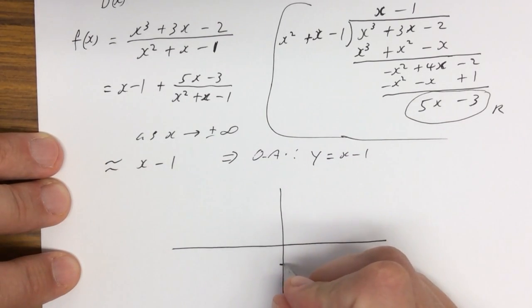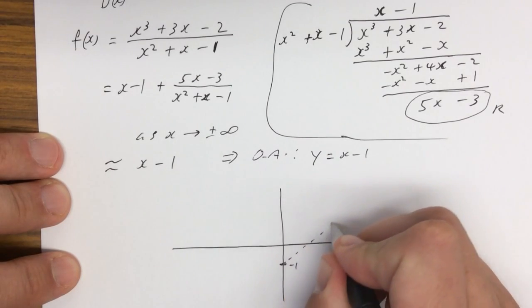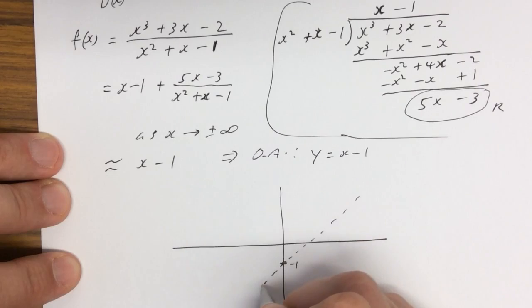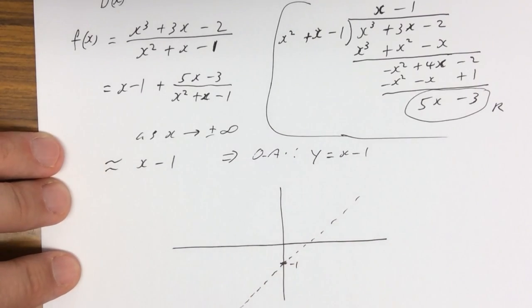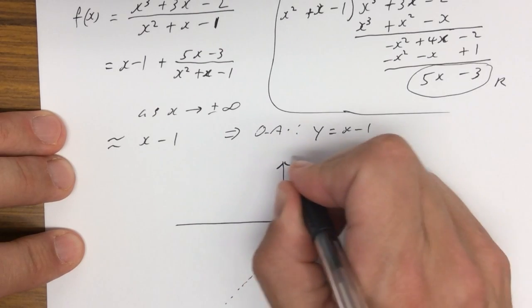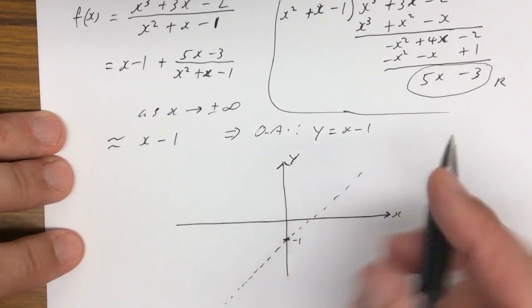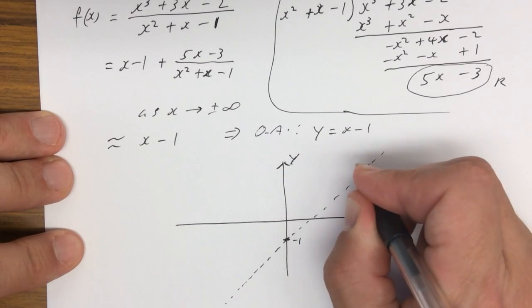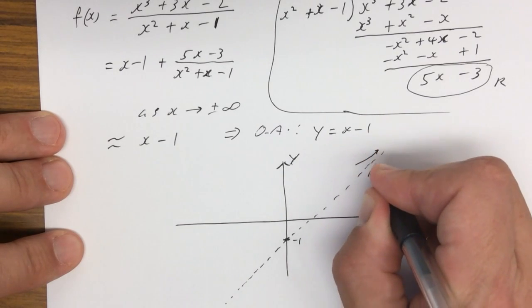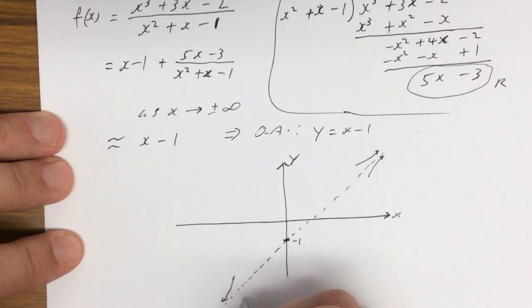So negative 1 is here, with a slope of 1, so I'm going to go through it like this and like that, and that's the oblique asymptote. And what we know now is that the function, out far, is either going to start coming towards it like this on this side or like this. And on this side it's either going to come like this or like this.